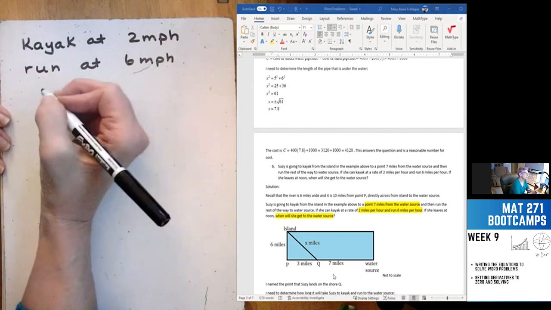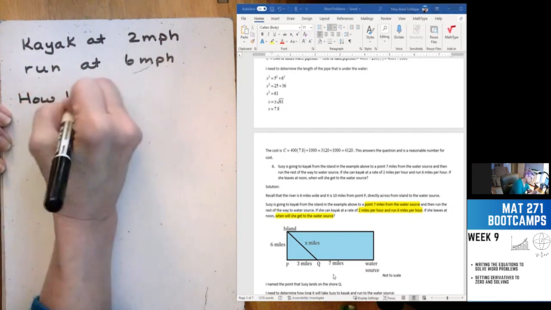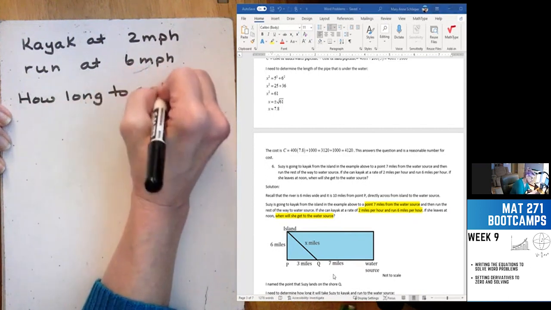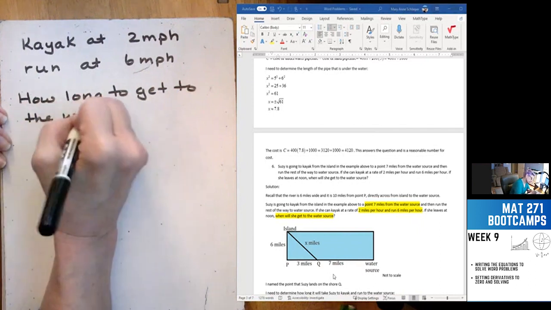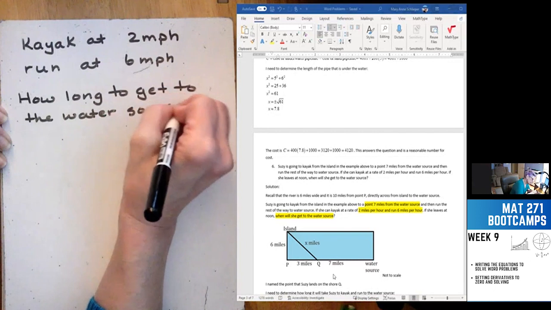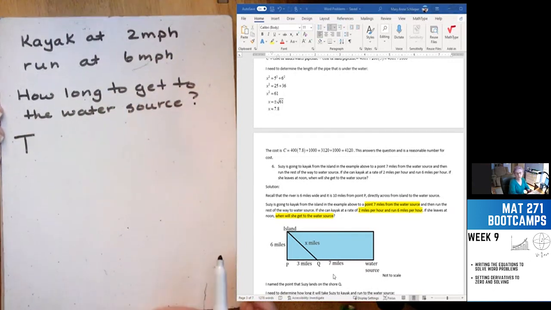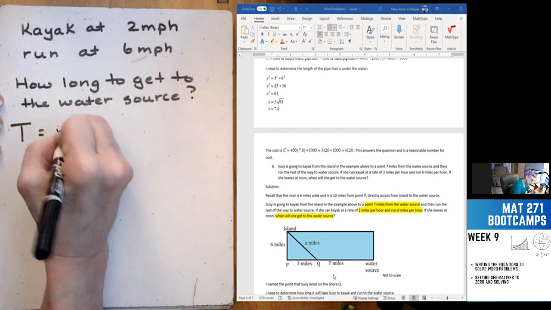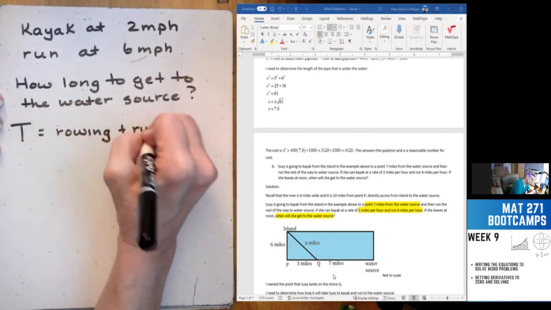So we are trying to figure out how long will it take her to get there. So we need a time function. So time is going to be equal to her rowing time plus her running time.